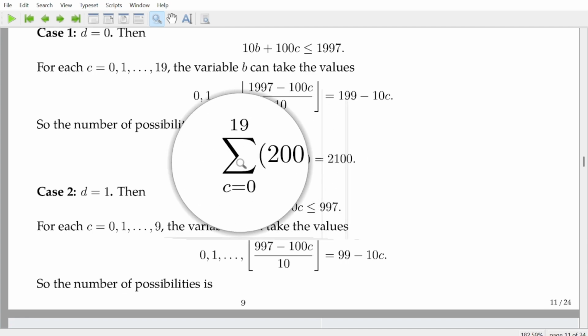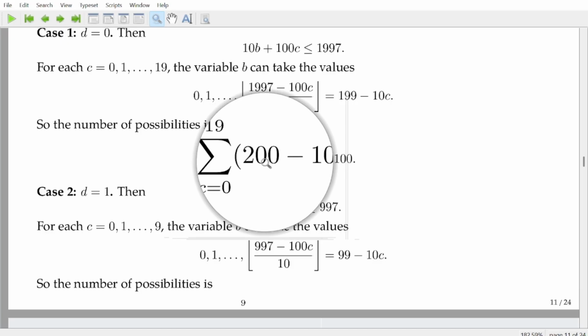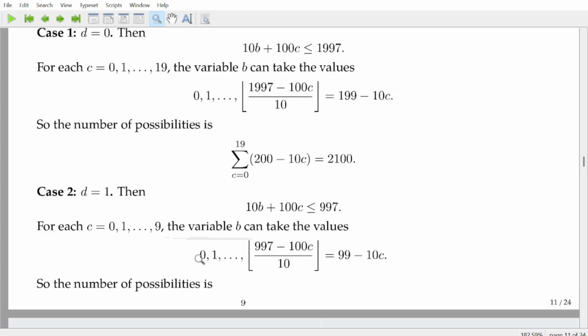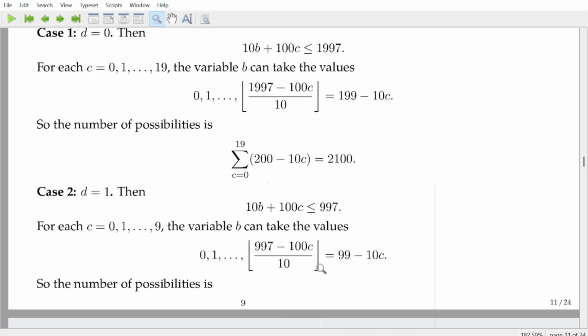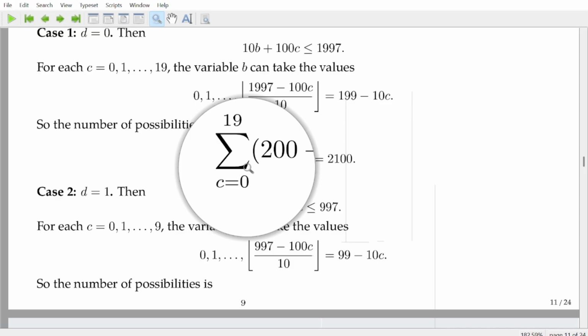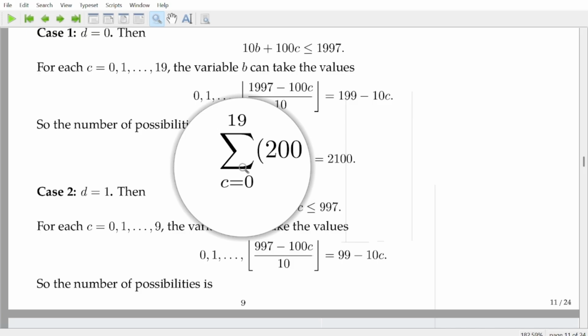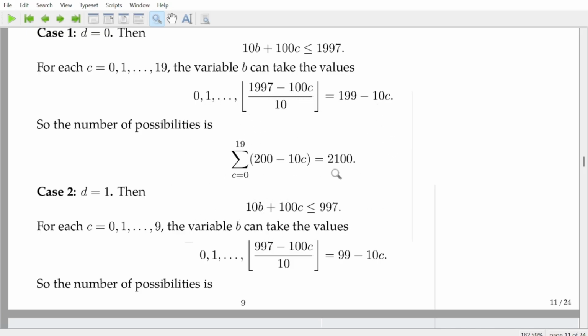You find the sum from c equals 0 all the way up to 9 of 100 minus 10c, because you have 100 minus 10c possibilities of b for each value of c, because b could be 0, 1, all the way up to 99 minus 10c. And then you just sum those values from c equals 0 to 9. And when you do that, you get an answer of 550.